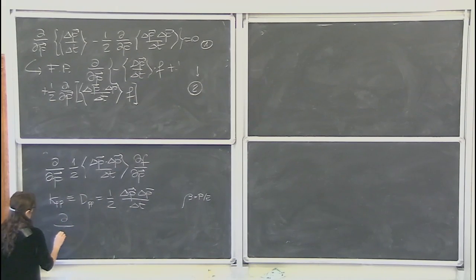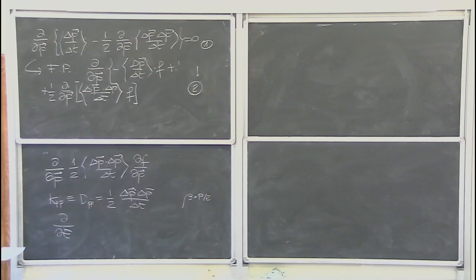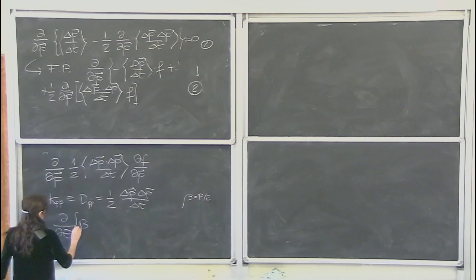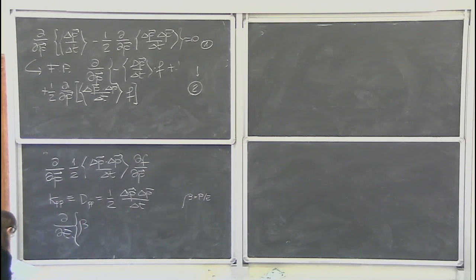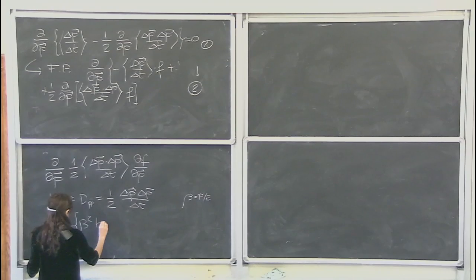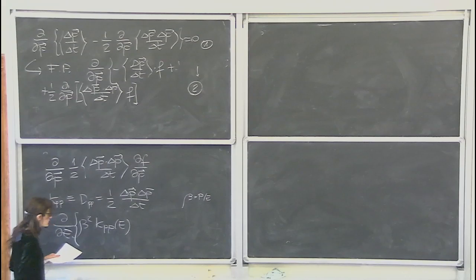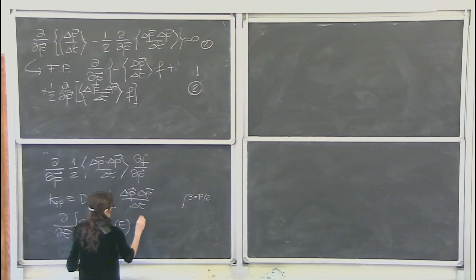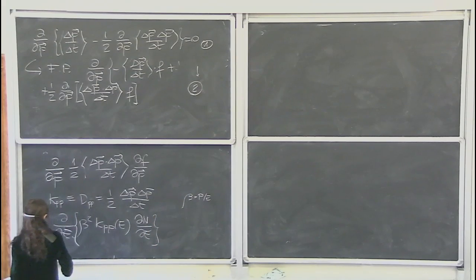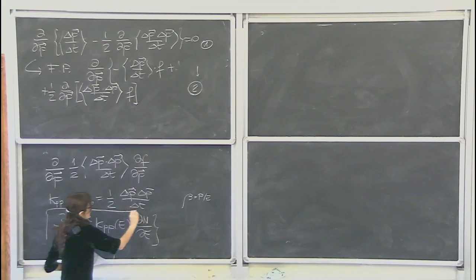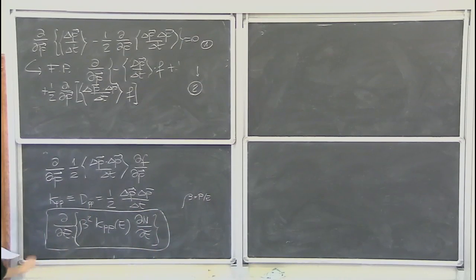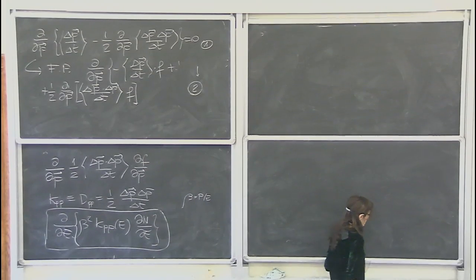You can also write, it's straightforward to decide that this equation is the derivative over the energy of beta square k, which is always a function of the energy, dN over dE, using the notation of our transport equation. So this is the derivation.